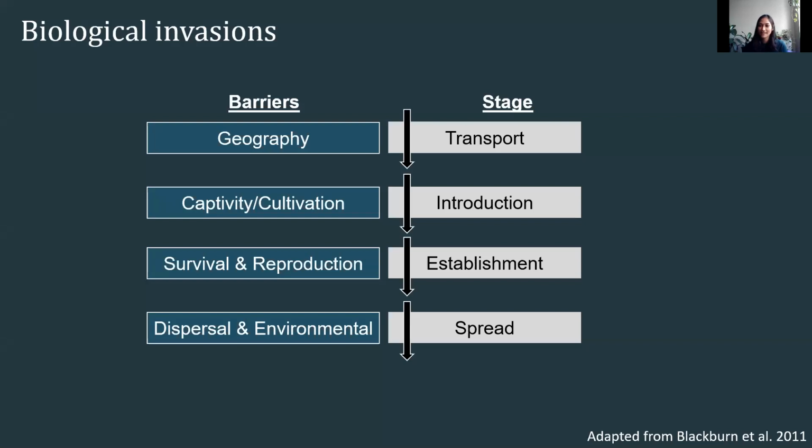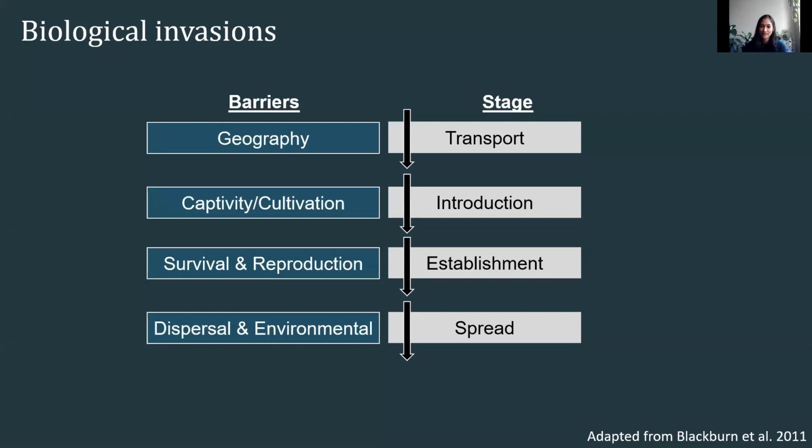The invasion process itself consists of 4 main stages with corresponding barriers that invasive species need to overcome in order to successfully establish. So the first stage involves the transport of a species to a new environment, thus allowing it to cross a geographical barrier.